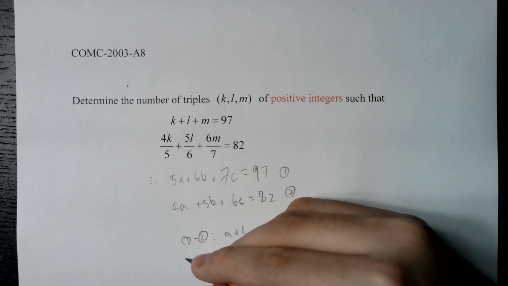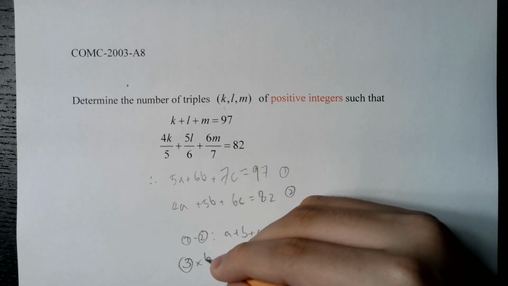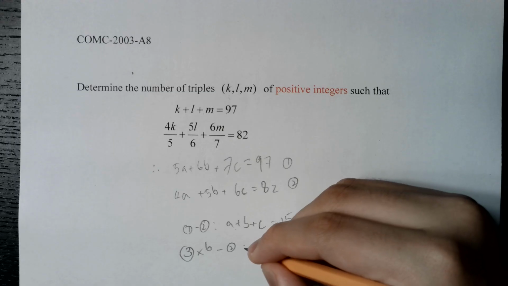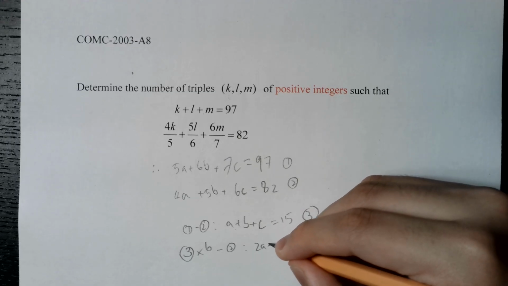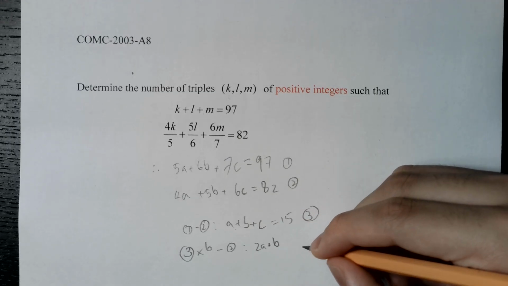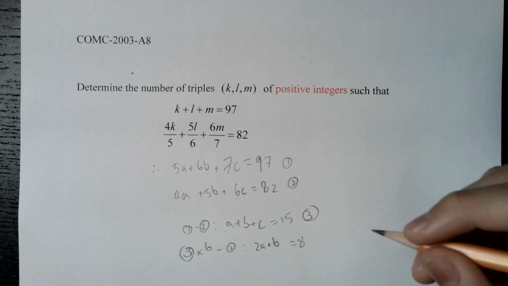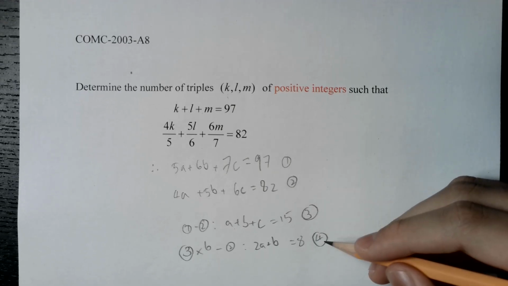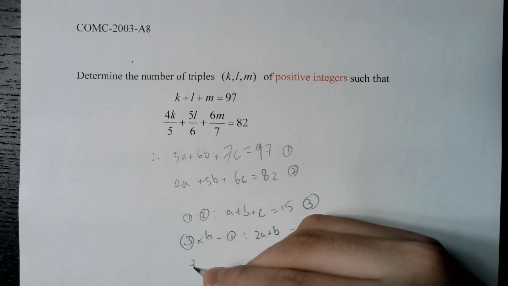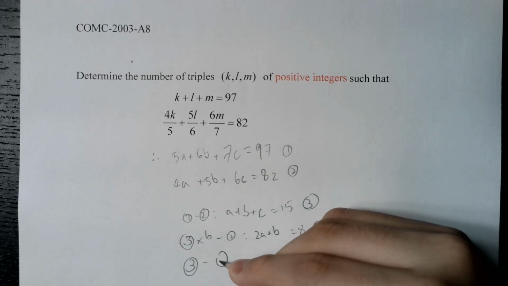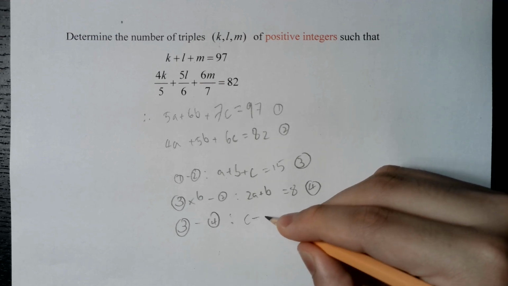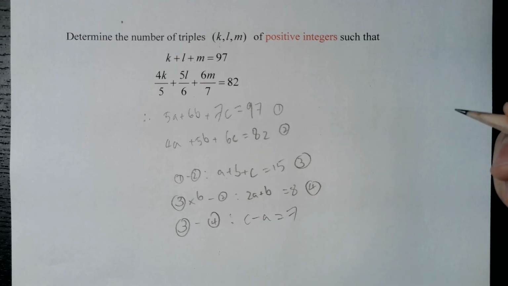Now equation number 3 multiplied by 6 minus equation number 2, we can see that this is going to be equal to 2a plus b equals 8, and we'll label this as equation number 4. So now equation number 3 minus equation number 4 is going to be equal to c minus a equals 7.